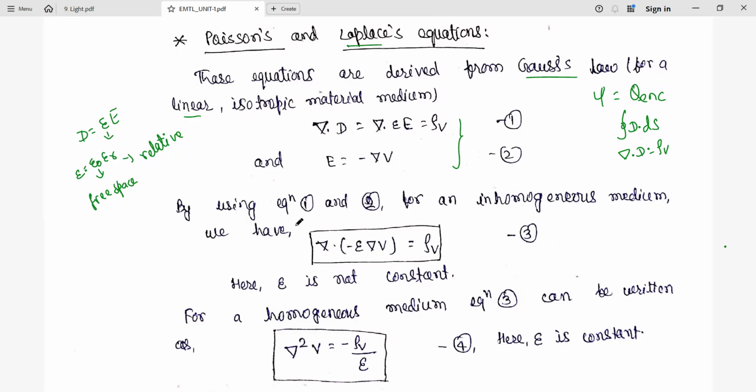Now when we use these two equations, in place of E in the first equation we substitute minus del V. Here del is the gradient.